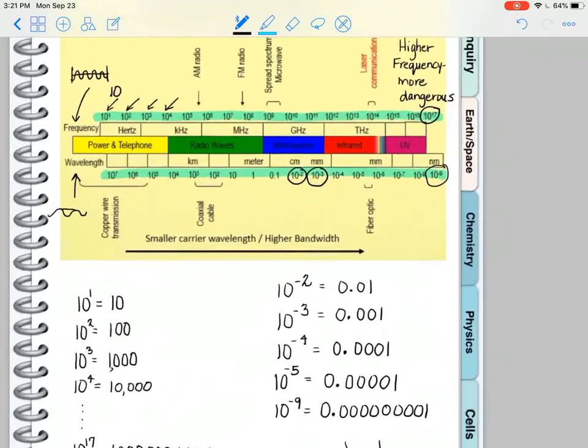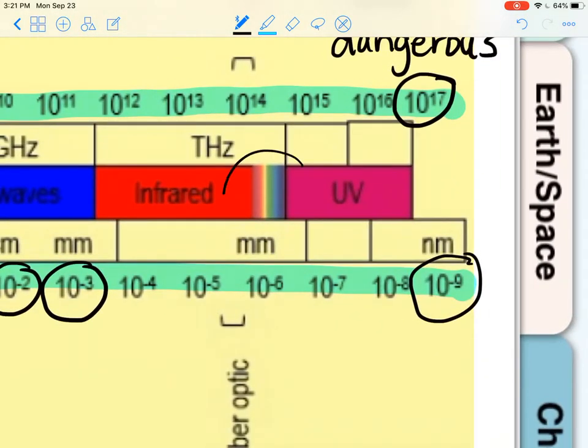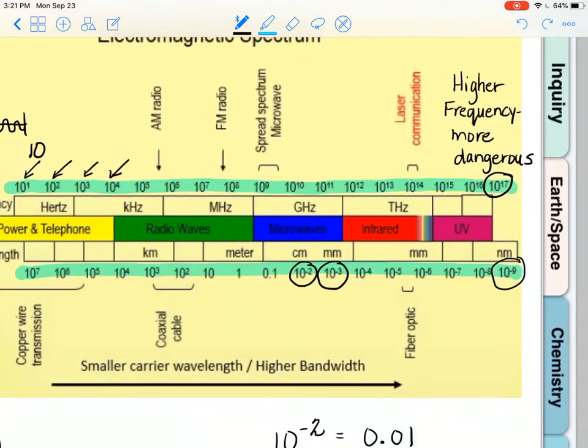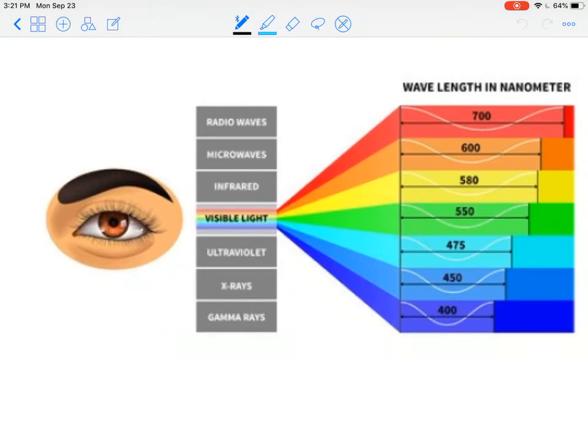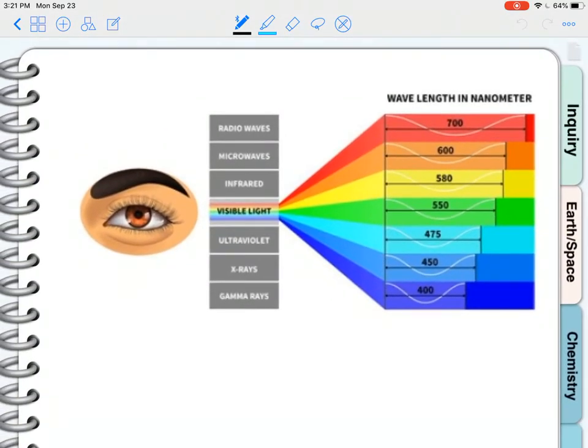Okay, I want to zoom in and let's look on the next page at this rainbow section right there. That is a very special part of the electromagnetic spectrum, and that's called the visible light range. So again, this is giving us the spectrum on a vertical slant.